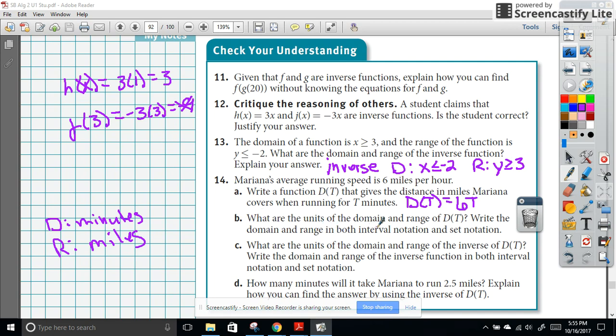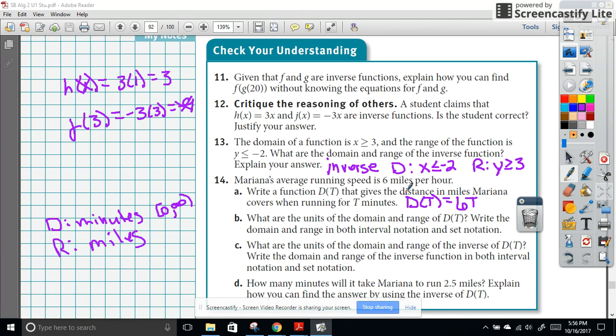Write both of them in interval notation. Okay, so now for minutes, we know it has to be greater than 0. And I guess technically she could run forever. It doesn't tell us that she's in like a marathon and only going 26 miles.